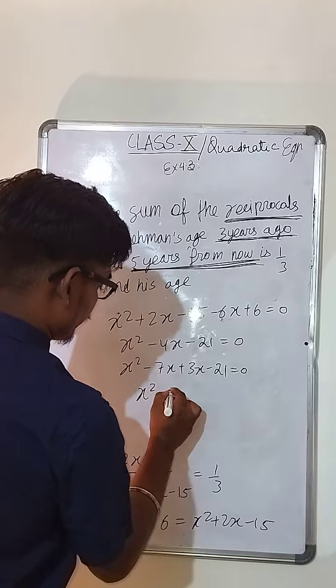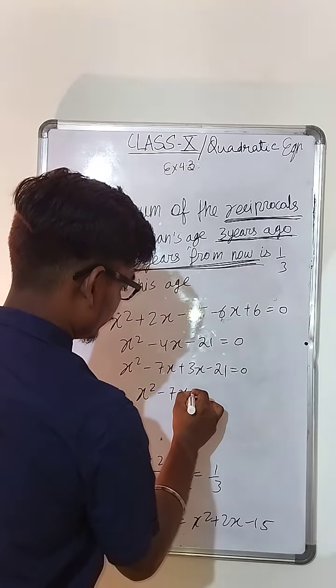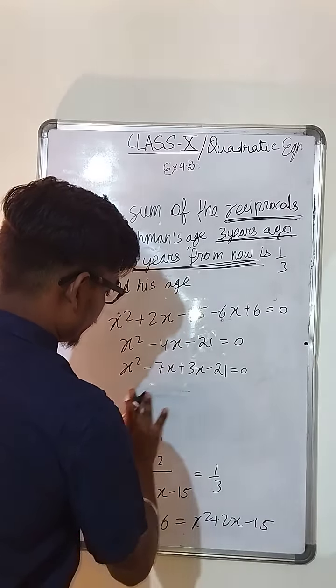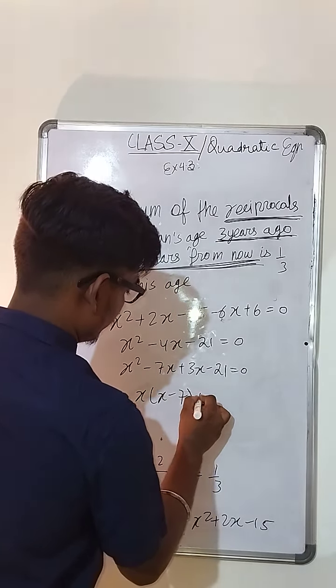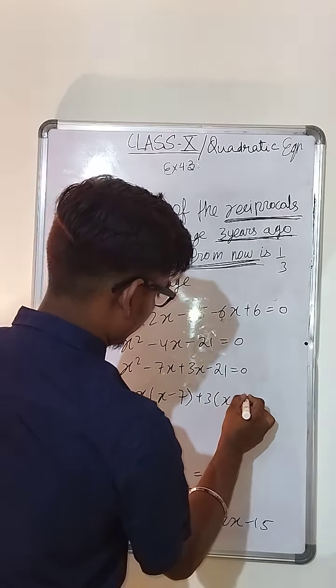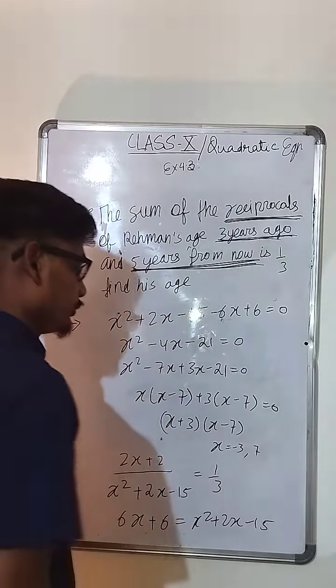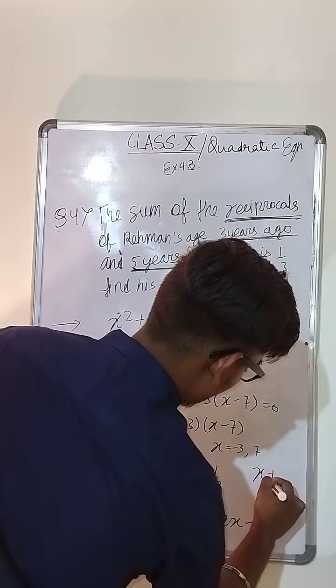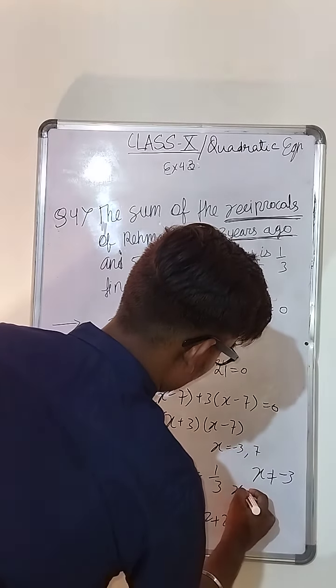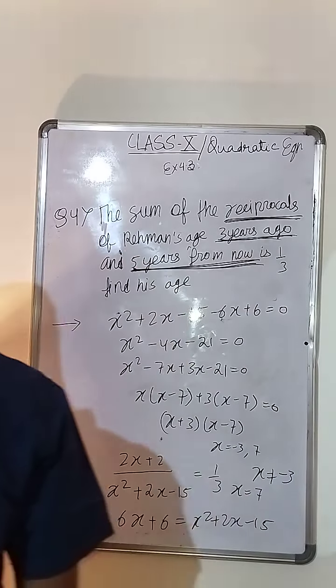Okay, now let us take x common: x(x minus 7) plus 3(x minus 7), so (x plus 3)(x minus 7). So x will become minus 3 and 7. The age cannot be negative, so x is not equal to minus 3, and the age will be 7.